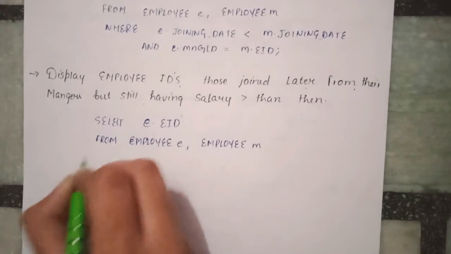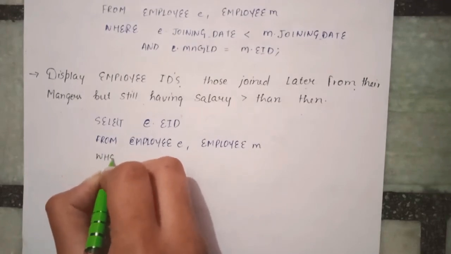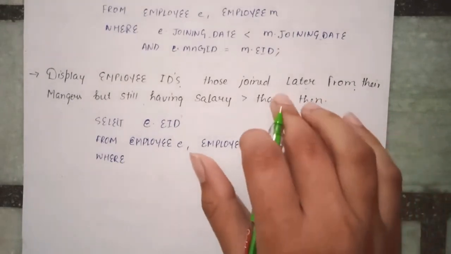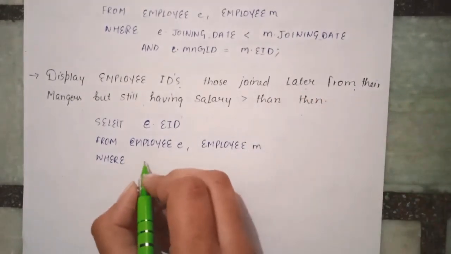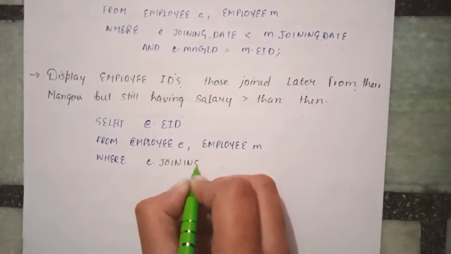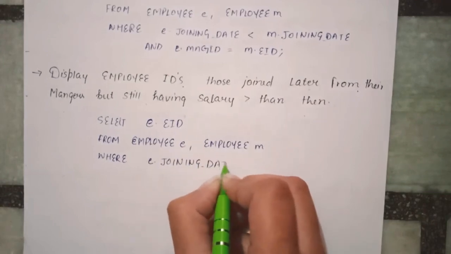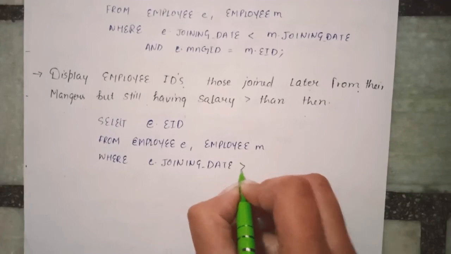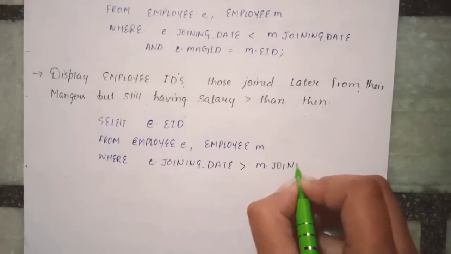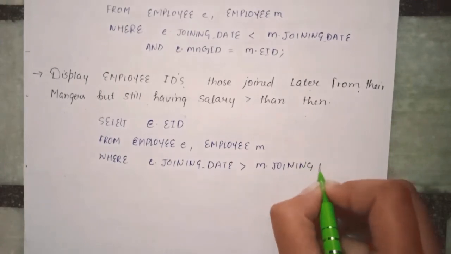Okay, on what condition? Where the first condition is the joining date is late. So we will write e dot joining date greater than m dot joining date.